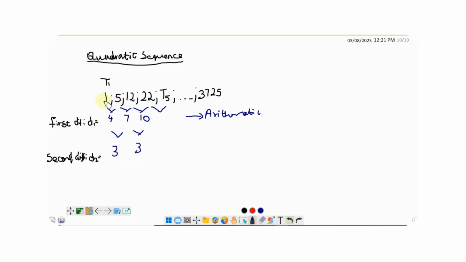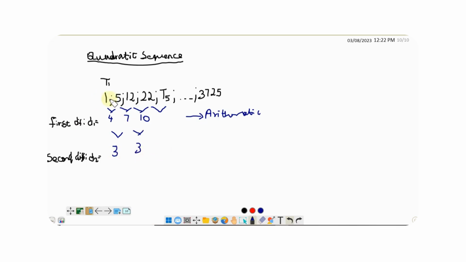So when you have a quadratic sequence and you write the first difference for that, the first difference becomes arithmetic. The first difference is an arithmetic sequence. And then from that arithmetic sequence, you can get the common difference. And that common difference becomes the second difference for the quadratic, because that first difference is arithmetic. Then the second difference is what we call the common difference, the same.